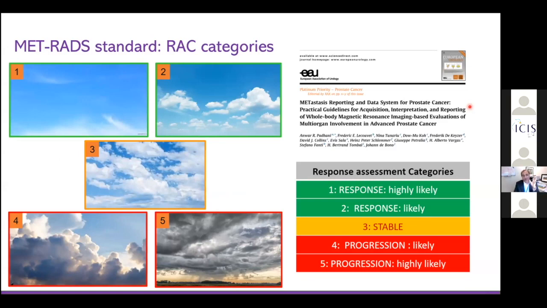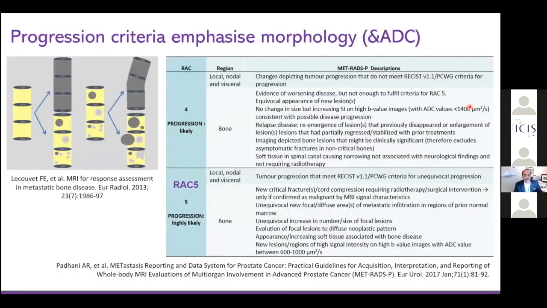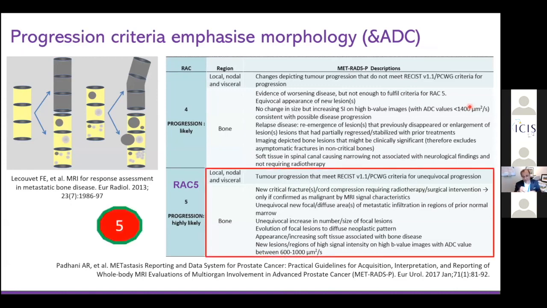And of course, if a patient is progressing unequivocally and you want to communicate to your clinician that there is something they need to think about changing treatment, then basically it's response assessment category 5 that you would show. So here, for example, is response assessment category 5 shown on the bottom row.